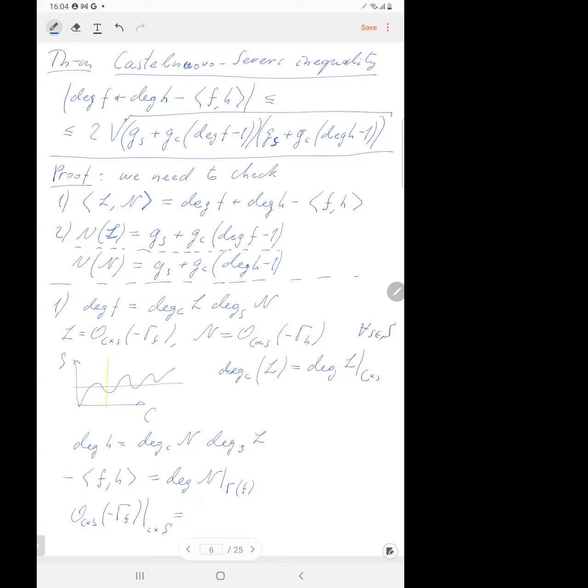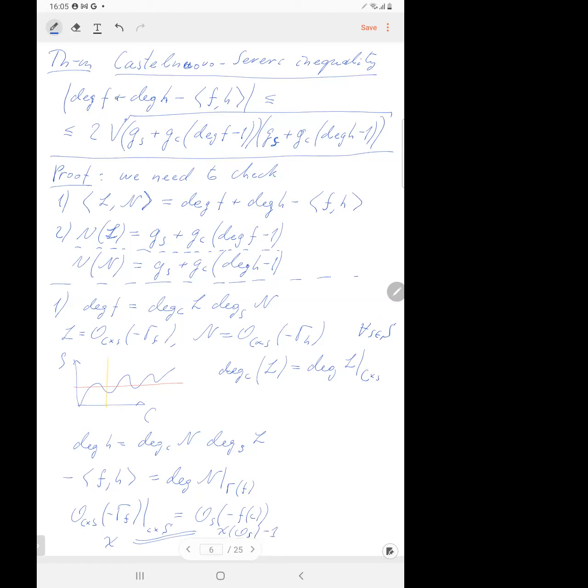And this is just O of S minus F of small c. Do you agree? Yes. So you take the vertical curve S and you twist it by some divisor of degree 1, well, minus 1. Okay, so the Euler characteristic here is equal to the Euler characteristic of OS minus 1.